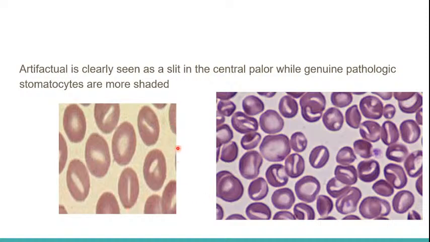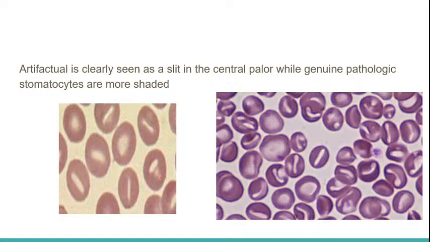This one is artifactual, rather, but this one looks like it's been painted in, like there's a shade to it. So you have to appreciate whether this one is pathologic or artifactual.